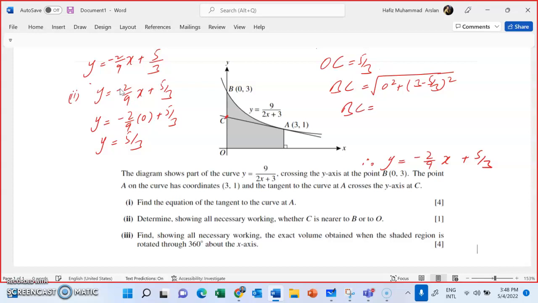So that means B to C is 9 minus 5, which is 4 by 3. So square and square root will cancel out, so BC is equal to 4 by 3. So this is 1 and 2/3, and this is 1 and 1/3. So that means C is nearer to B.